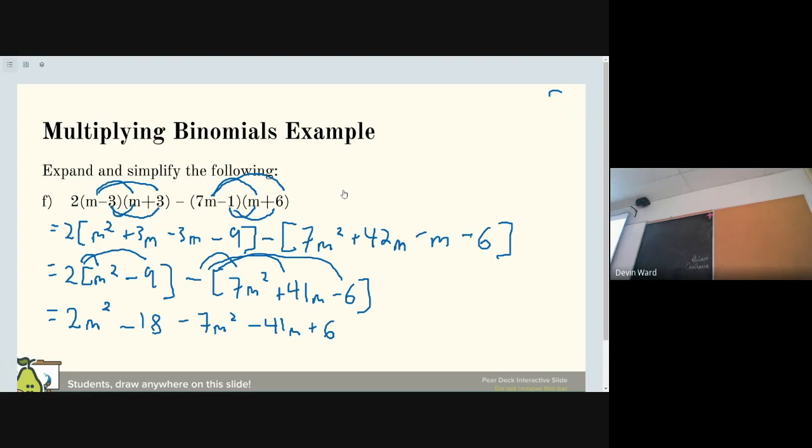Okay, so that negative is just going to change the sign on the whole thing. Are we done? No, we still have some like terms. We have the m squares and we have our constants.